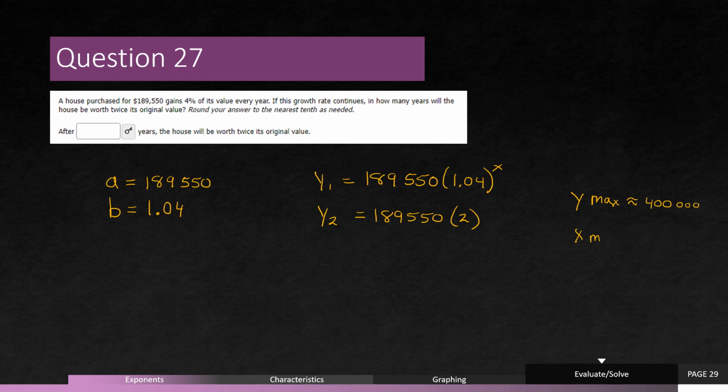I would probably start out a y min of 0 and an x min of 0 and an x max, maybe start at 50 and see if you can see the intersection there. For a y min, you could just leave it as is, or you can set that equal to 0 as well. But these are just some suggestions to get a viewing window.